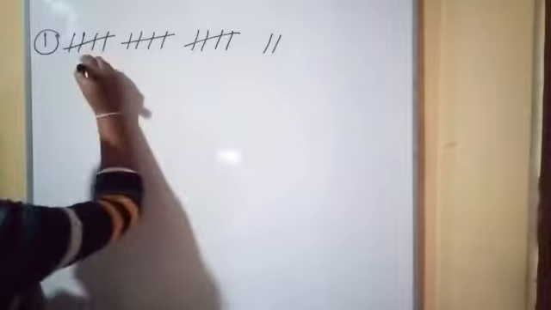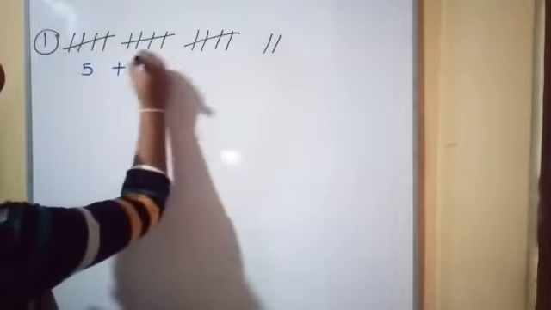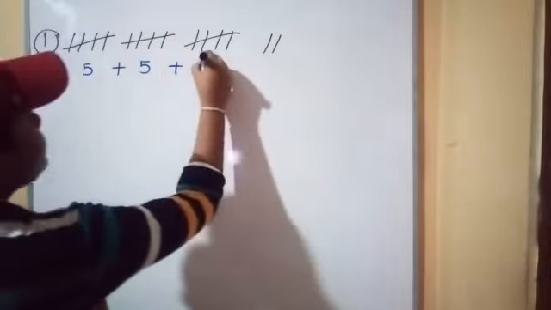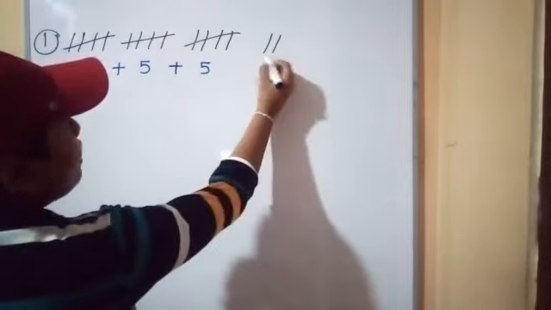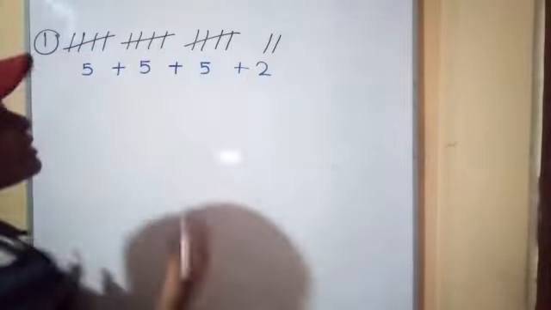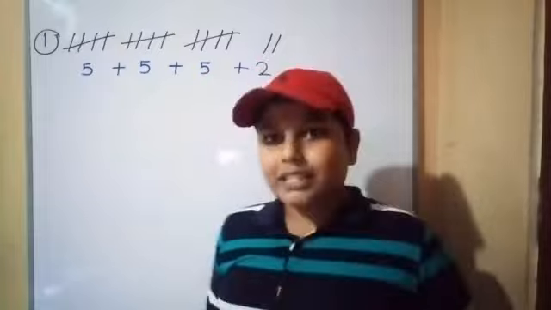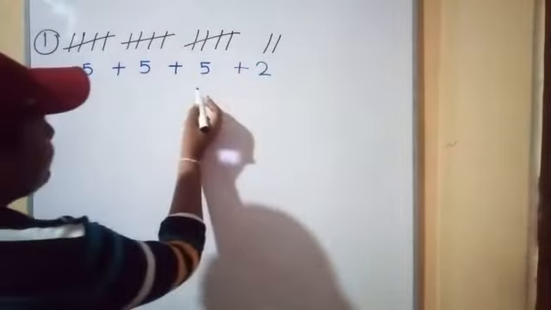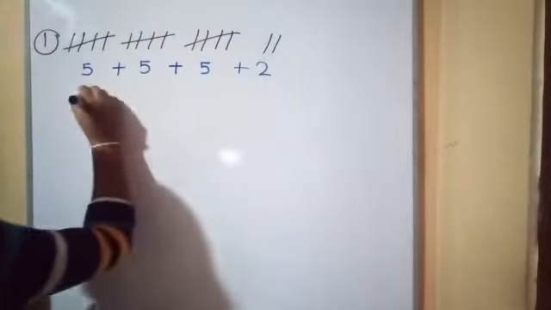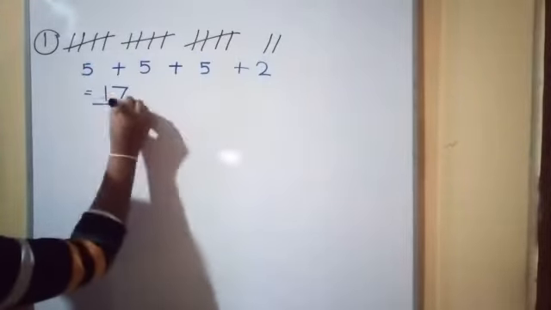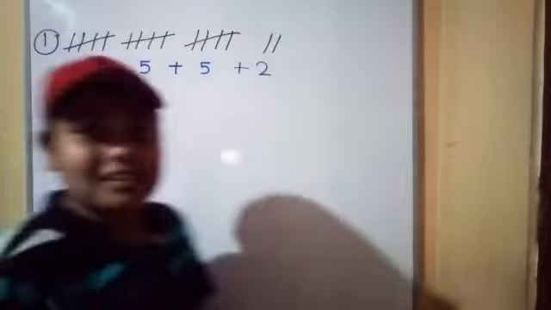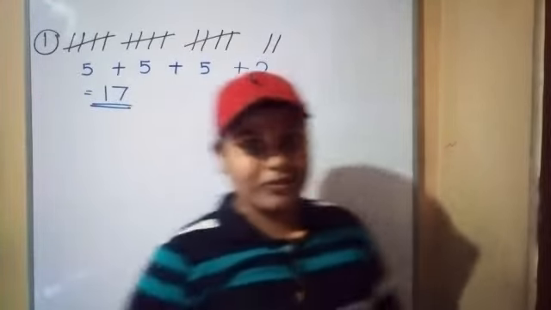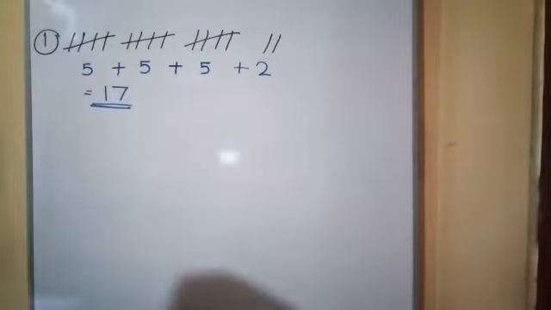The first set has 5, so 5 plus 5 plus 5, and they have 1, 2, so add 2, because they ask for the number represented. Now 5 plus 5 is 10, 10 plus 5 is 15, 15 plus 2 is 17. 17 is the answer for the first question.